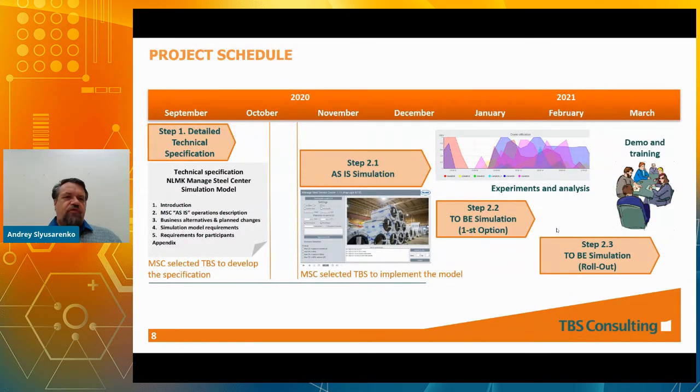There was a first phase during which we developed the detailed technical specification. It's a very important document because it fixes all model inputs, model outputs, used statistical distributions, requirements to the model, and so on. Then, after that, we did development of the as-is model.